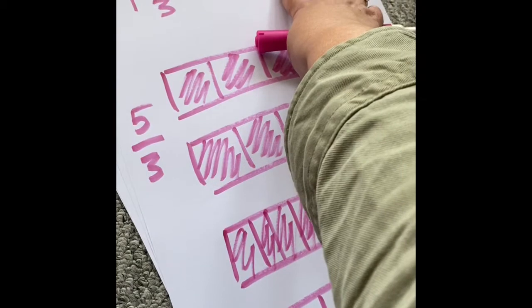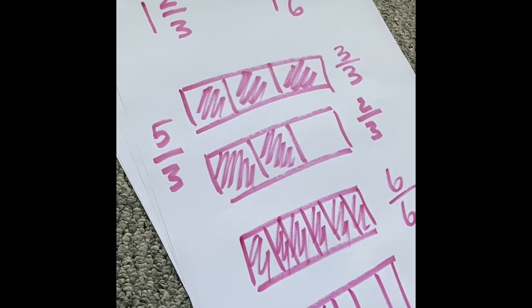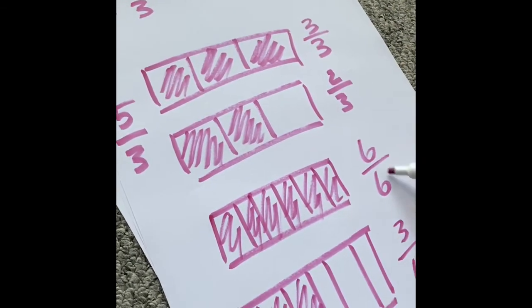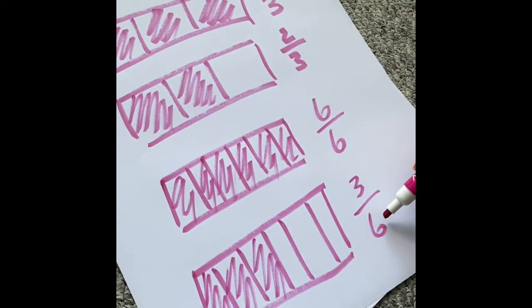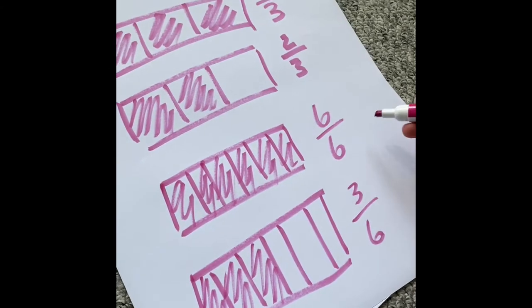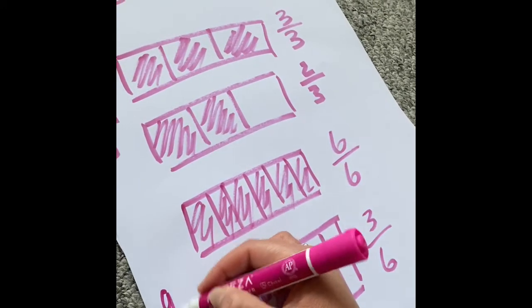And I've got 3 6ths here. 1, 2, 3. Okay. And if I add these together, I don't have 9/12. Remember, my denominator always stays the same. I have 9/6.